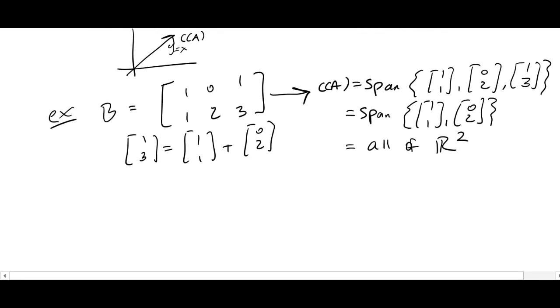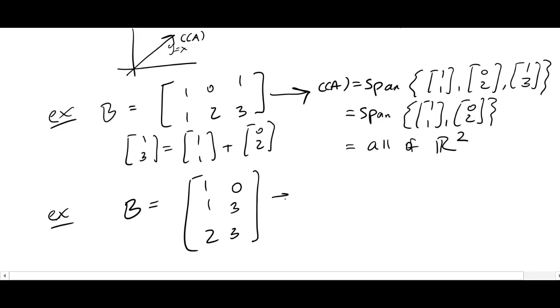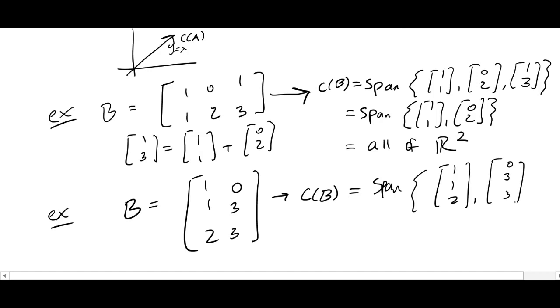So take this matrix with columns (1, 2, 0) and (1, 3, 3). Column space of this matrix. Oh, I should have put B here, right? Column space of B is the span of these two columns, which is the set of all linear combinations of these two vectors, which will give you a plane in three-dimensional space.